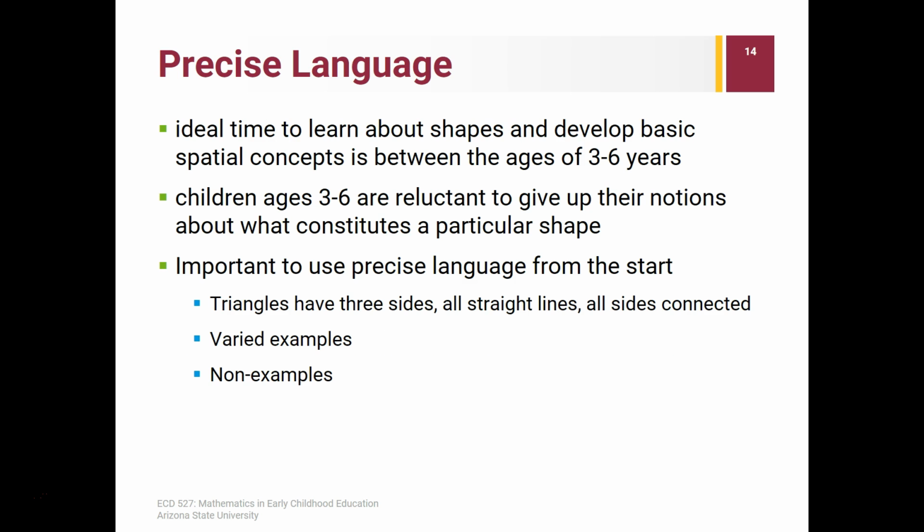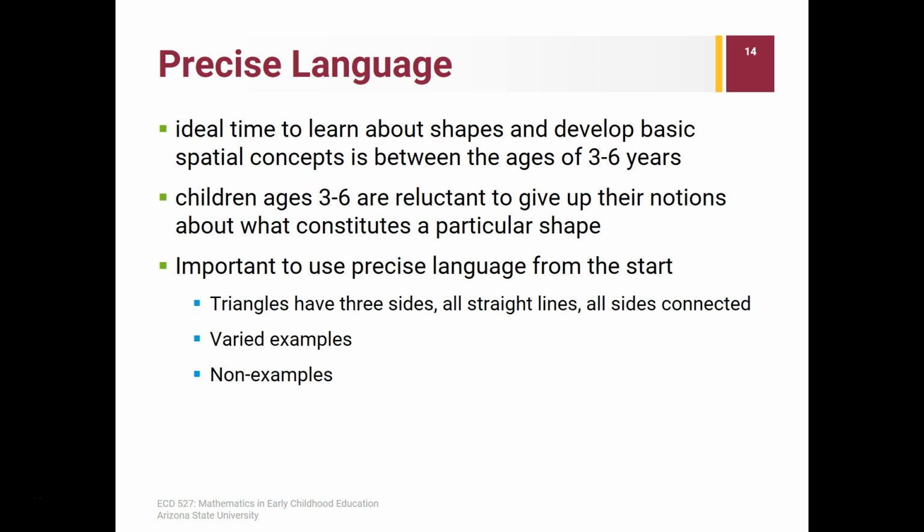The ideal time to learn about shapes and develop basic spatial concepts is between the ages of 3 to 6 years. However, children ages 3 to 6 are reluctant to give up their notions about what constitutes a particular shape. Therefore, it is important that teachers, caregivers, and parents use precise language with children. Many times in our daily lives, we use geometric terms in a way that might be misleading to children later on.